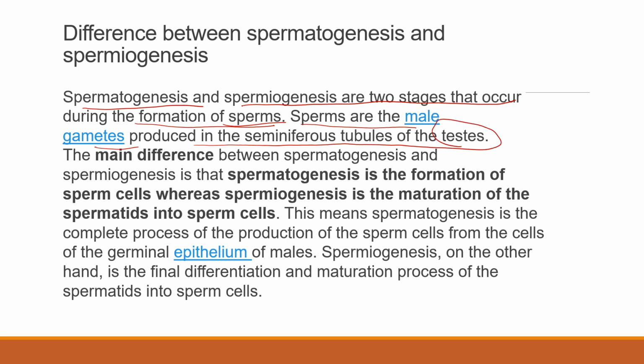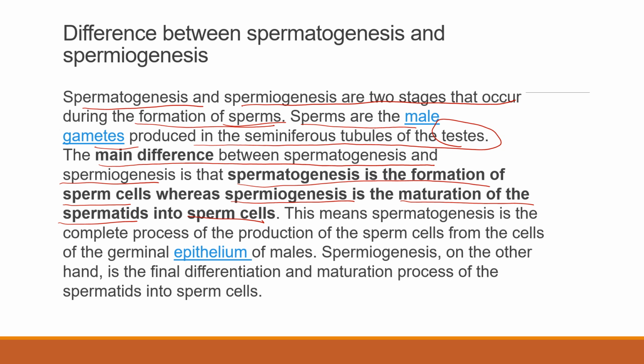So, till now we were discussing that process only, where it is being produced in the seminiferous tubules of the testes. Now, what is the main difference between spermatogenesis and spermiogenesis? Spermatogenesis is the formation of sperm cells, whereas spermiogenesis is the maturation of the spermatids to sperm cells.